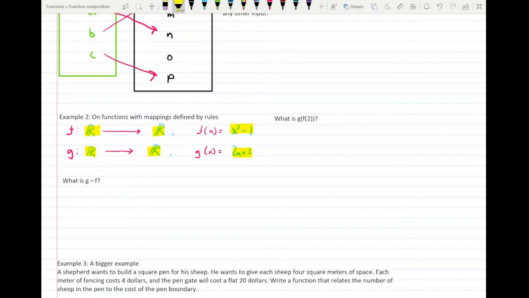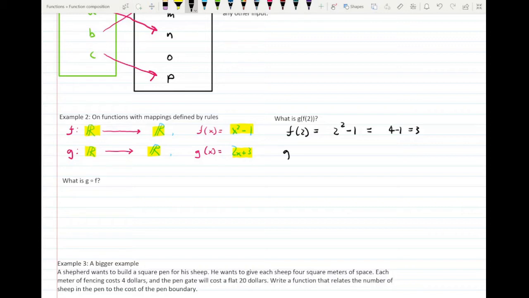So first let's start with the smaller concept, right? We'll find a particular value as it gets fed through both of them. So we have f of 2 gets sent to 2 squared minus 1, which is equal to 4 minus 1, or 3.